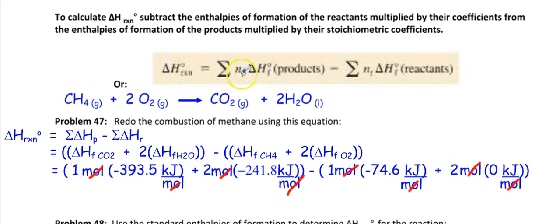It's kilojoules, isn't it? Okay, so I'm ready to do the math. What's negative 393 plus 2 times negative 241 plus 74.6? You get this. Do you recognize that number? Isn't it the same one as before? Yes, it is. Okay, let's try the next one.